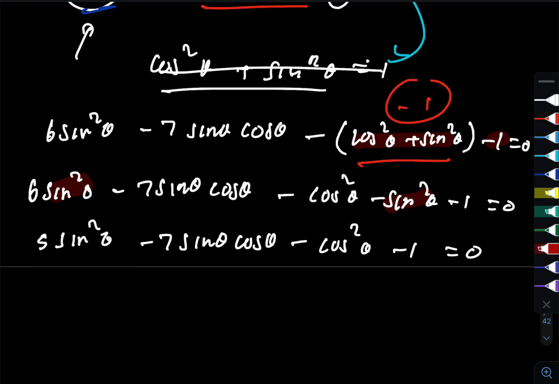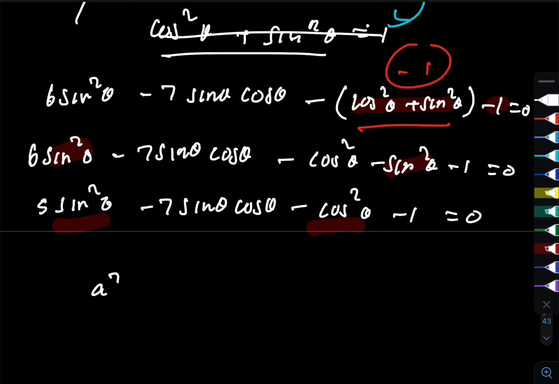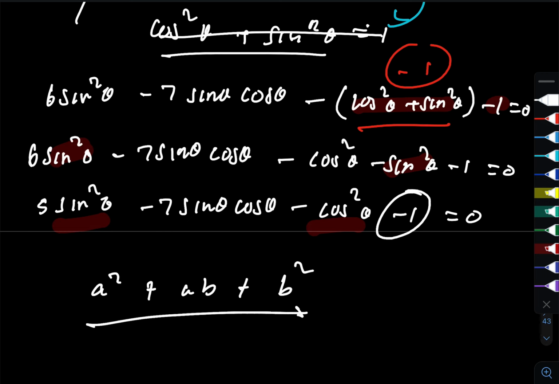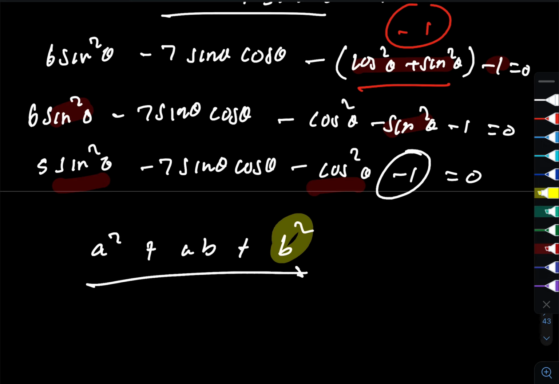Again, the 1 is going to give me a problem here, because I think I need to work with the perfect trinomial, where I have a squared plus ab plus b squared. So this is a perfect trinomial. I have the problem with the 1 there. However, I could have done it quicker, instead of breaking 1 by 1, just basically multiply that by 2. So I just figured out right now that I'm working with a perfect trinomial.